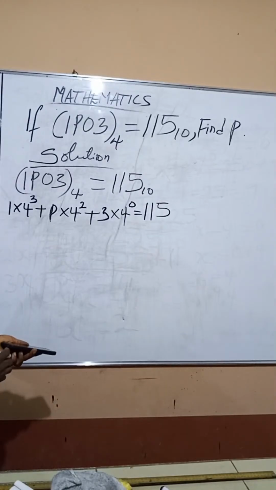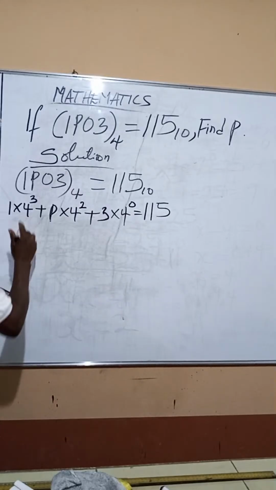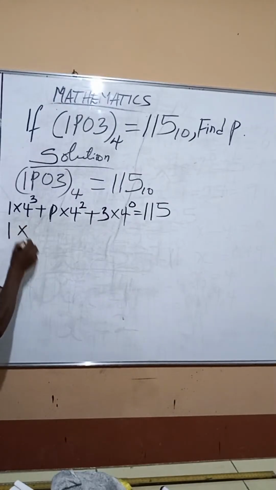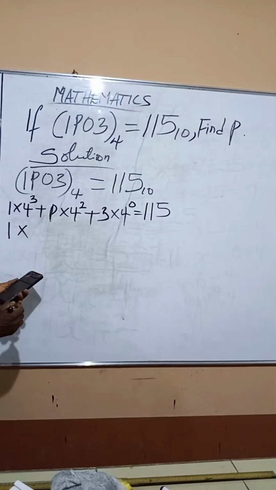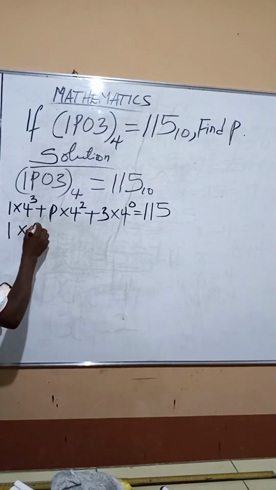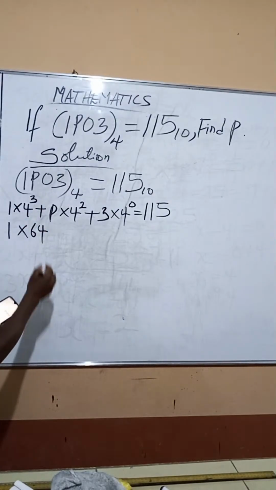So here we are going to write 4 times 4 times 4. That's 4 times 4 is 16, times 4, that is 64.